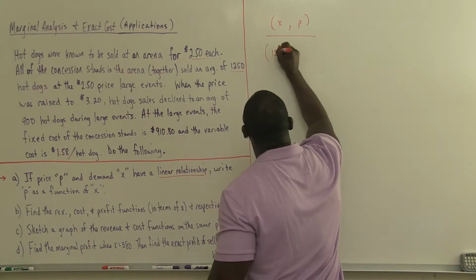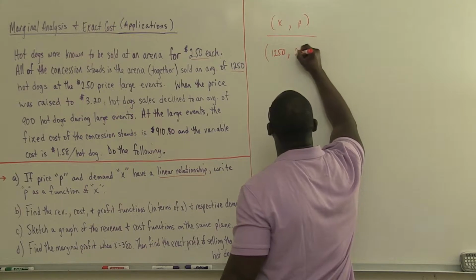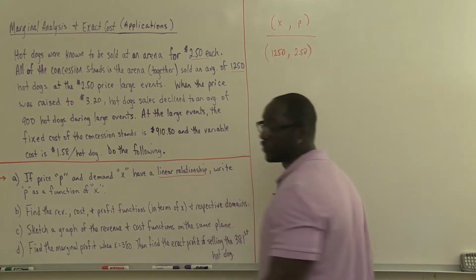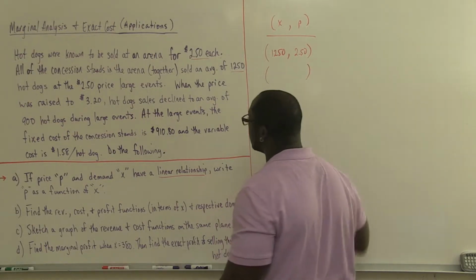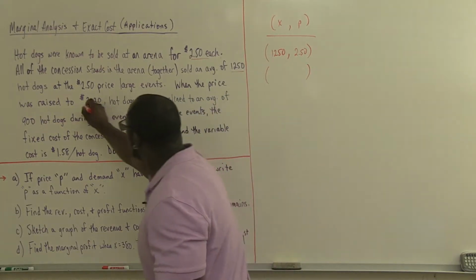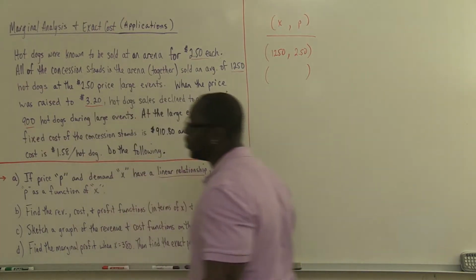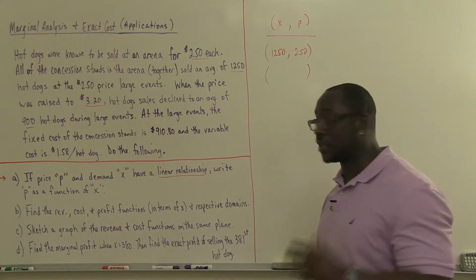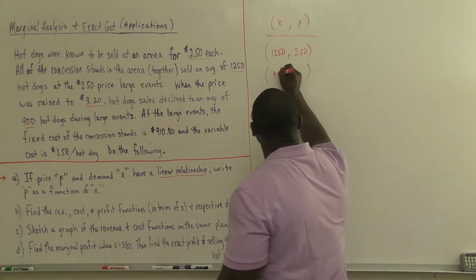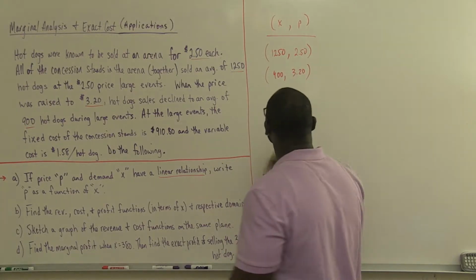So that means here at demand of 1,250, price is $2.50, okay? So next, we see that when they raised the price to $3.20, it went down from 1,250 hot dogs to 900. So we have 900 here, $3.20.